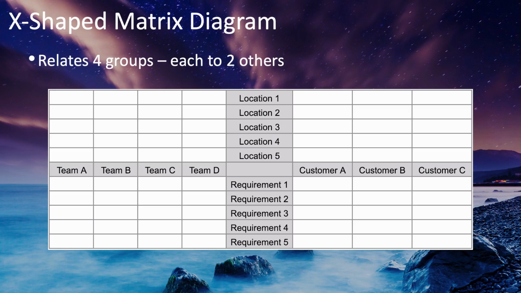This could show you which requirements are required by which customers, and which teams will be working on which requirements. It also shows where each customer is located and where each team is located. It doesn't relate requirements to locations or teams to customers.